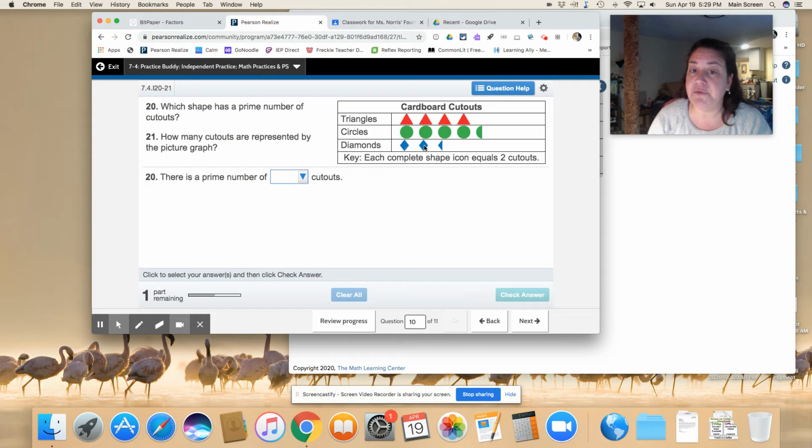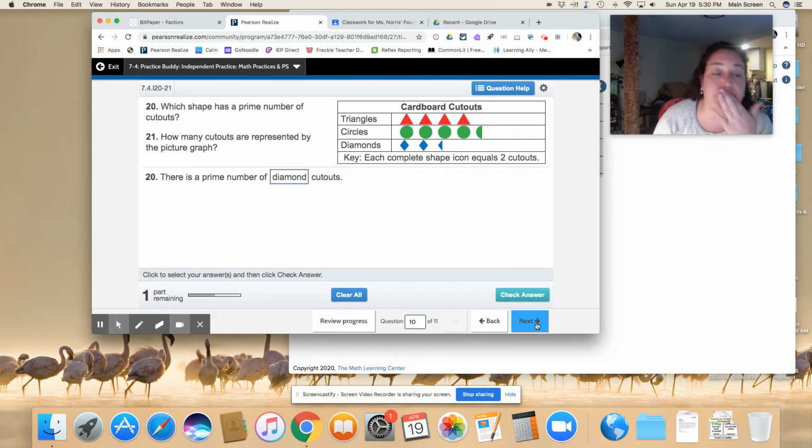Diamonds has 2, 4. Again, they split the diamond in half. That means it equals 1. That would be 2, 4, plus 1 more is 5. That means diamonds has 5. 5 is a prime number. So which shape has a prime number of cutouts? Diamonds, okay?